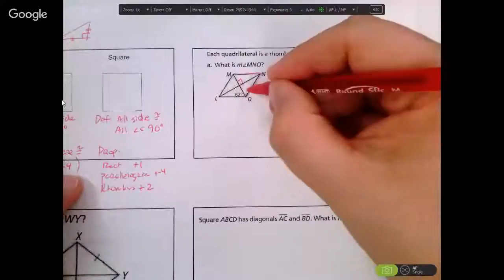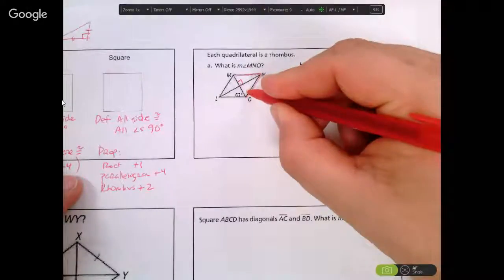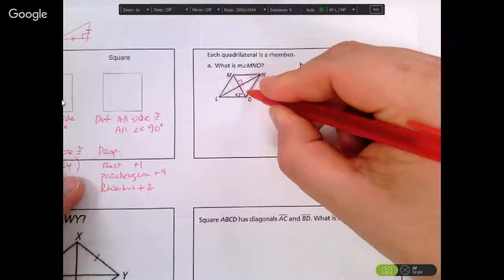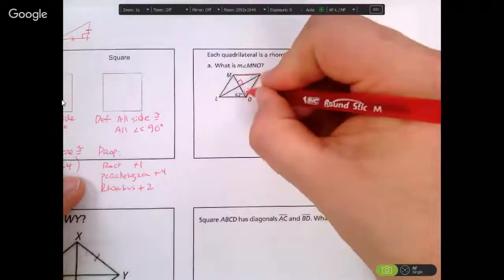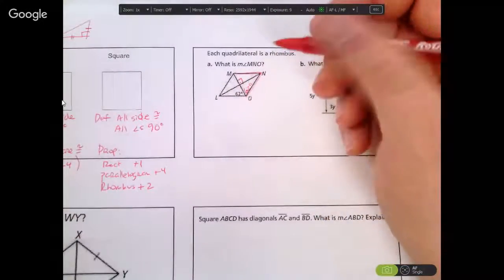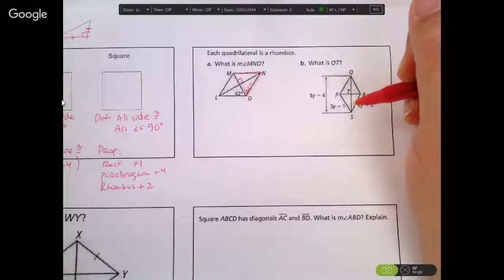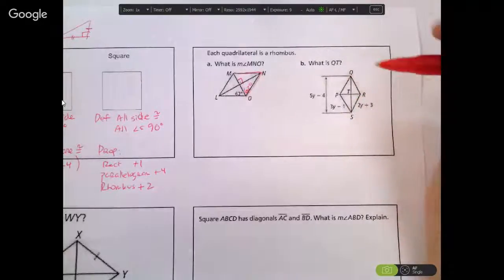What's this angle going to be? That's going to be 62. Why? Because diagonals bisect the angles. The other side is 62 and 62.